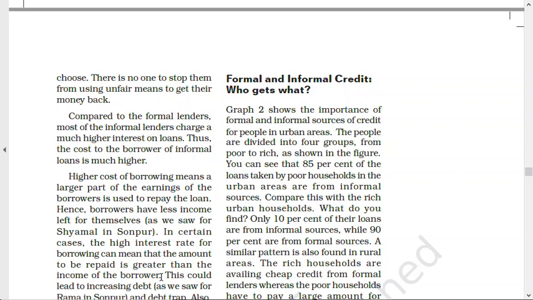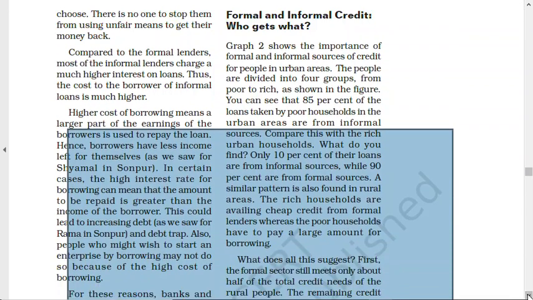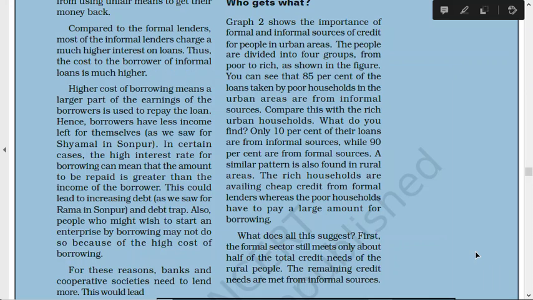I'm paying 60% of my income for interest. So just consider that once you are in a debt trap, you will never come out. That happens. This will lead to increased debt.